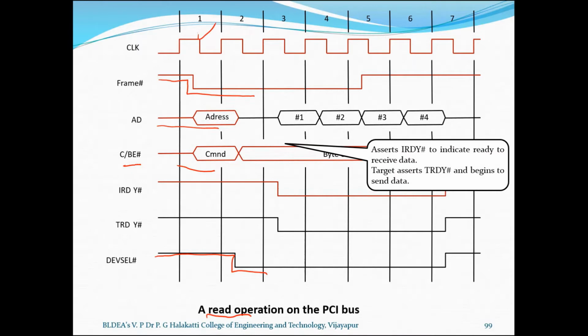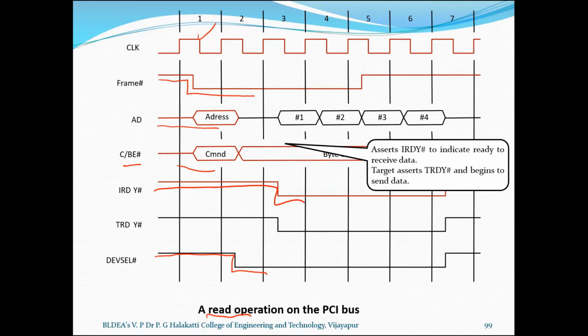The initiator asserts the IRDY# signal low. You can see here it makes it low. IRDY stands for initiator ready, so it makes it low during clock cycle 3 to indicate that it is ready to receive data.